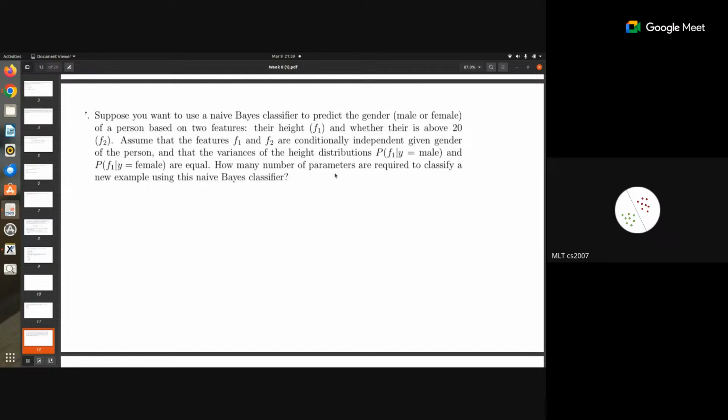How many parameters do you need to classify a new example? It takes 2 or 3 minutes to solve this. It's a similar kind of problem to what we have seen earlier. The only thing here is that we are considering one Gaussian distributed feature and another binary.